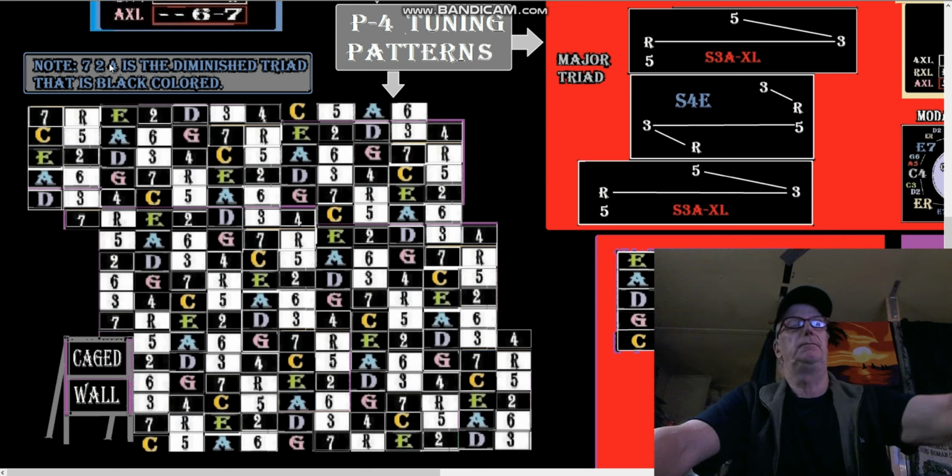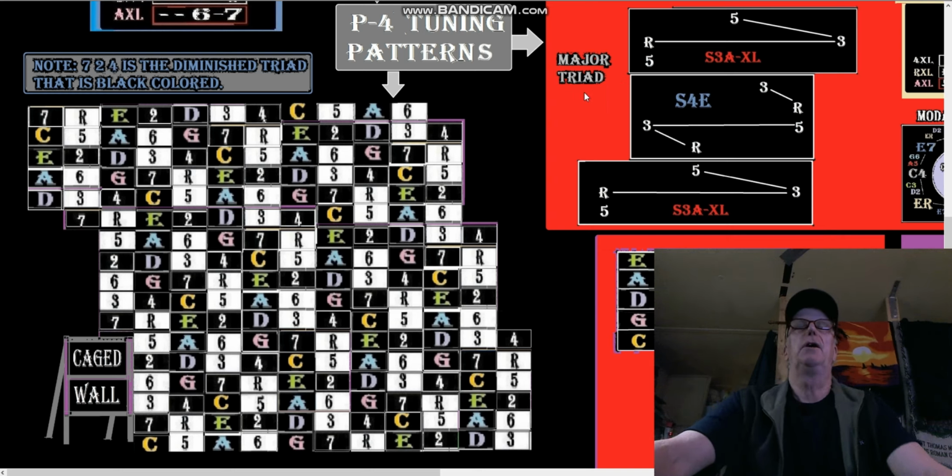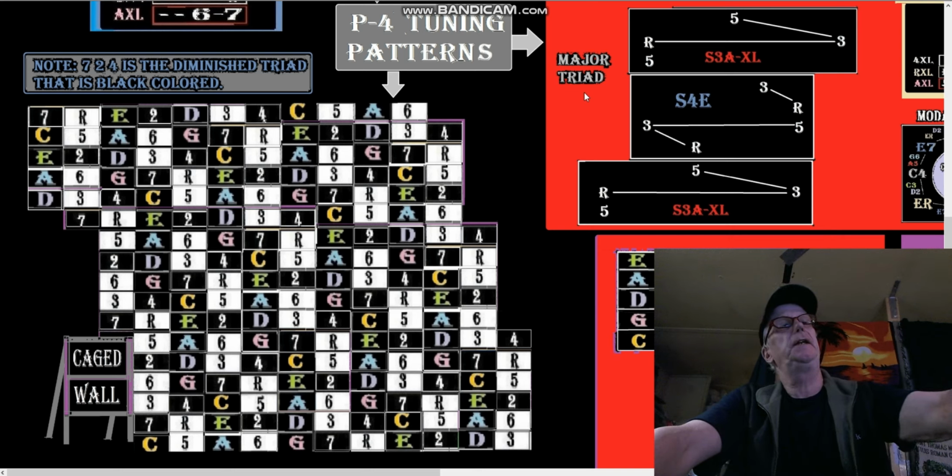The Locrian triad, half diminished triad or diminished triad, 7, 2, 4. And in this particular chart, we're looking at major and minor, and in essence, major is root 3, 5, and minor is root 3, 6, even though it's just an inversion.